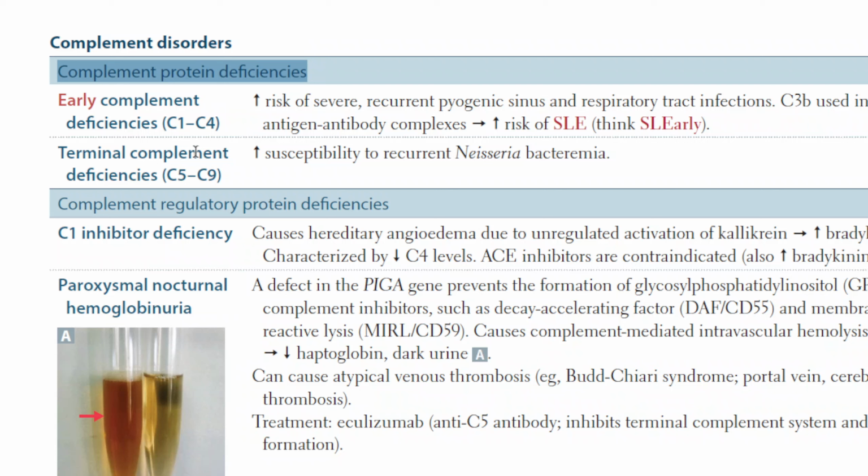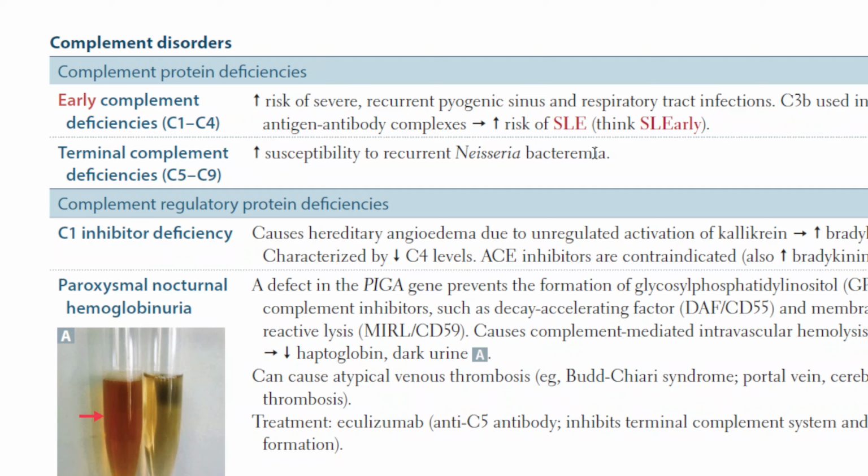So the terminal complement deficiencies. This is the early C1 to C4, and the terminal, the last one, is C5 to C9. So that's the complement protein deficiency. Deficiency of C5 to C9 is going to give you a high susceptibility to recurrent Neisseria bacteremia.